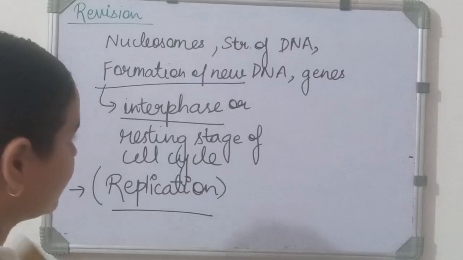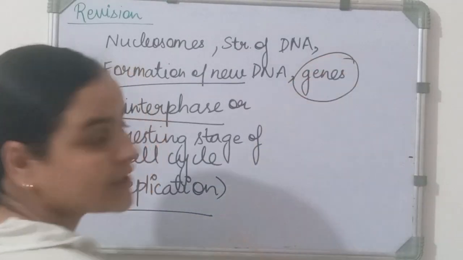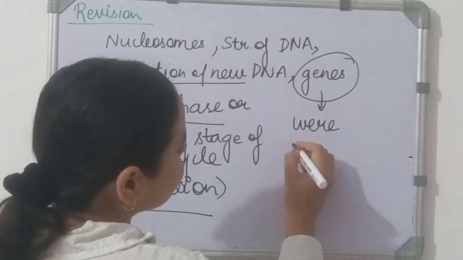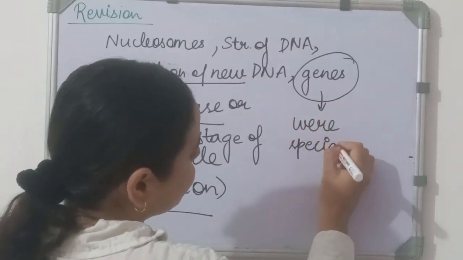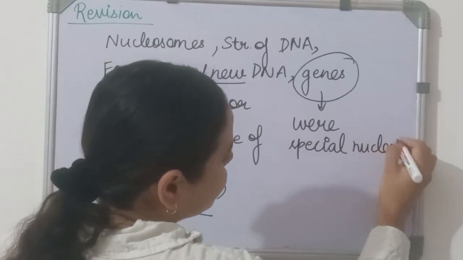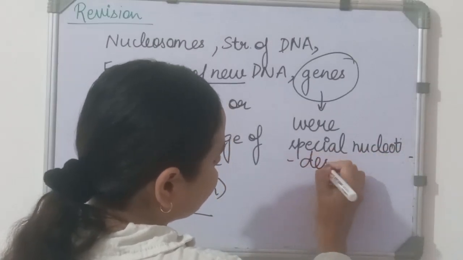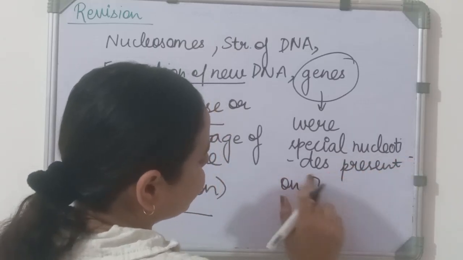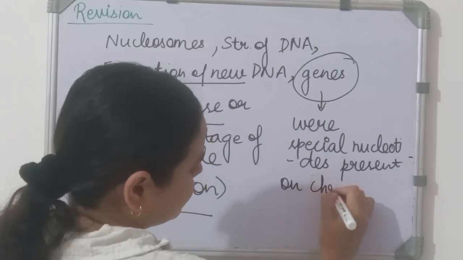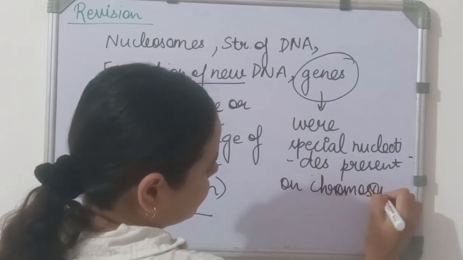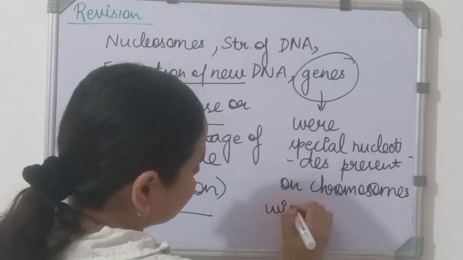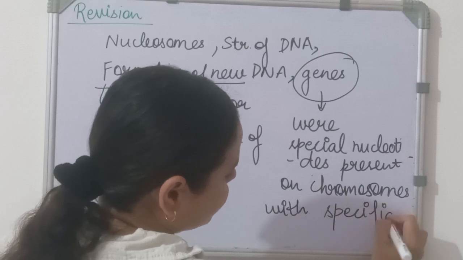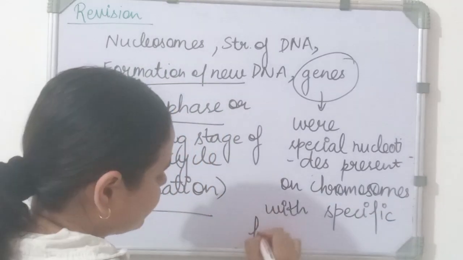Now, we studied about genes. So, what were genes? Genes were special nucleotides present on chromosomes with specific feature.